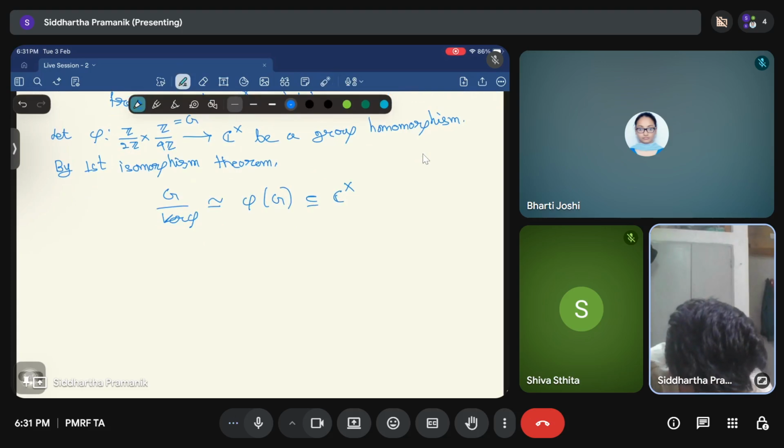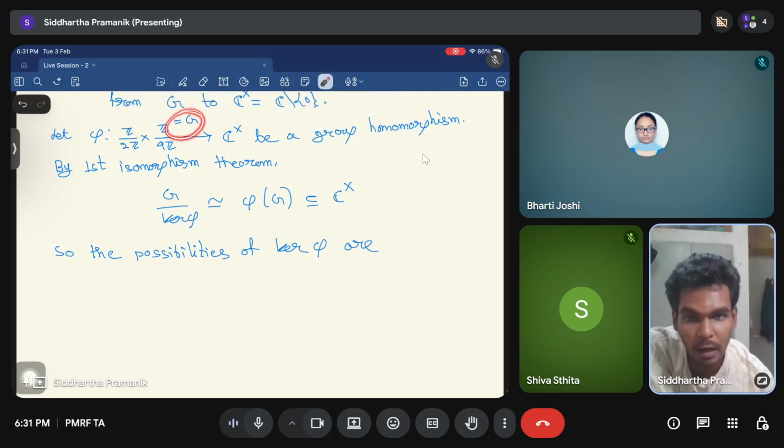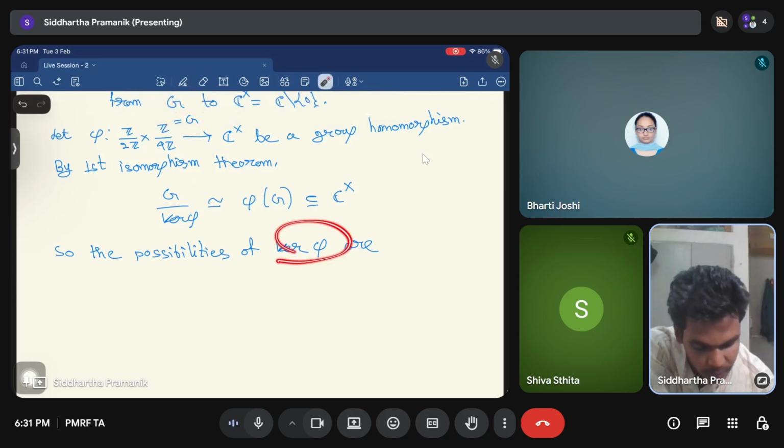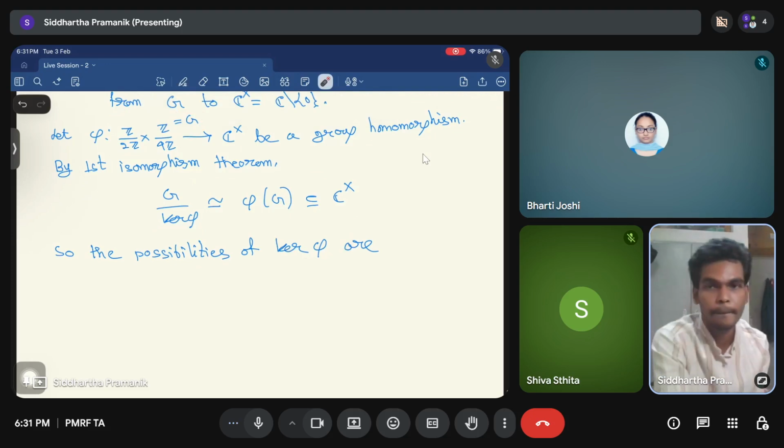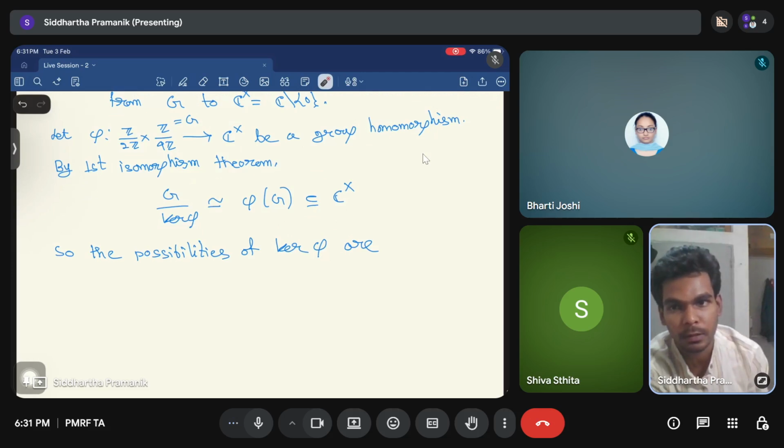So the possibilities of kernel phi are, so can you say which subgroups of G can be the kernel of this homomorphism using the properties of group homomorphism?